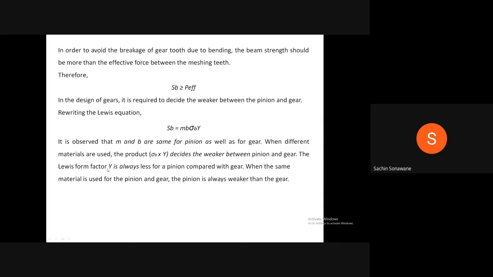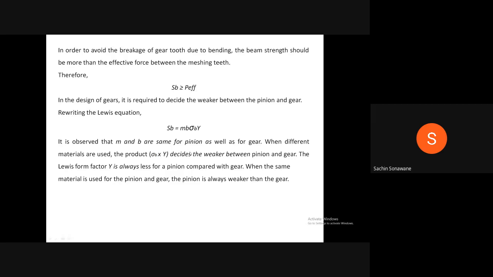Therefore, the Lewis form factor is less for pinion as compared to gear. Therefore, when the same material is used for the pinion and gear, the pinion is always weaker than the gear. Therefore, while designing, we have to take this factor into consideration.